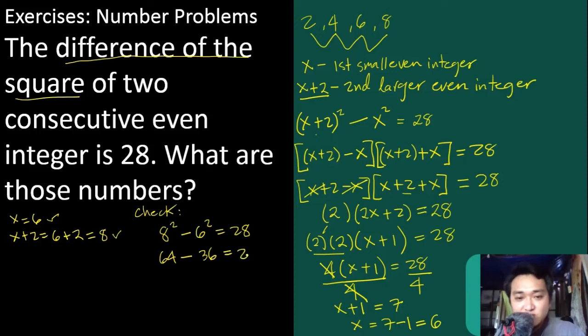And 64 minus 36 is 28. That is equivalent to 28. So our solution is correct. The first even integer is 6, followed by 8. The difference of their squares is 28. So we are correct.